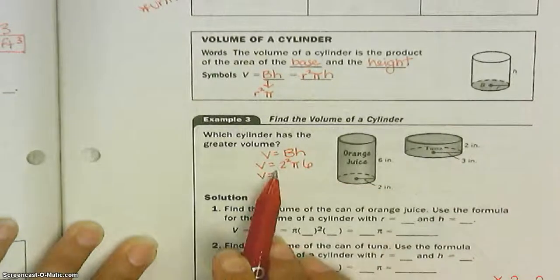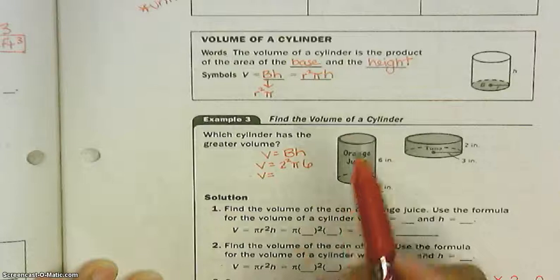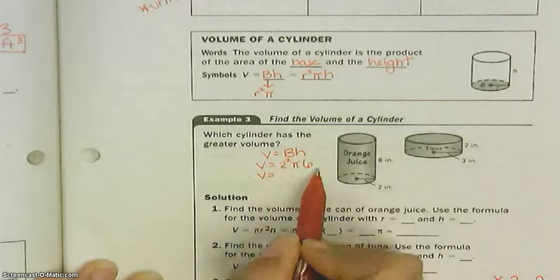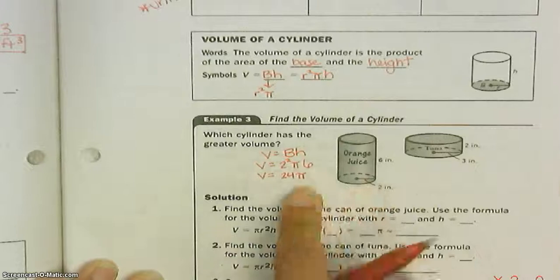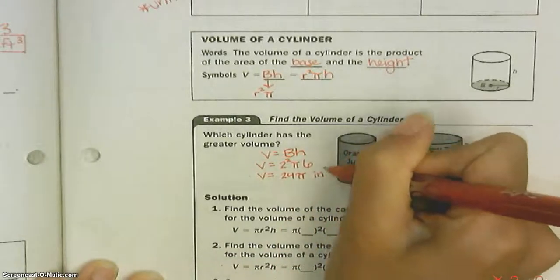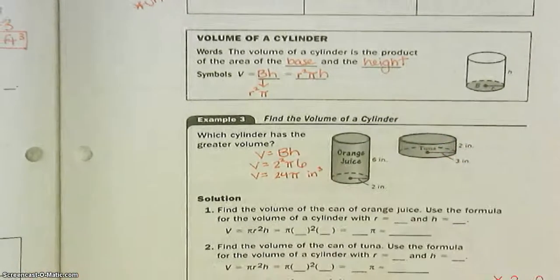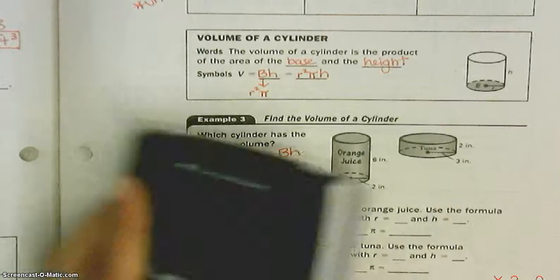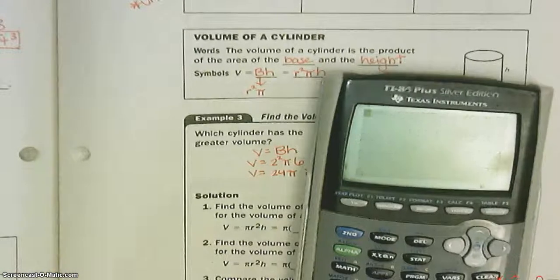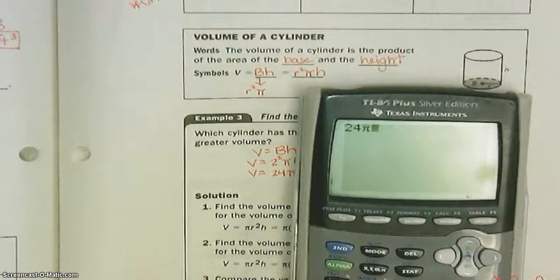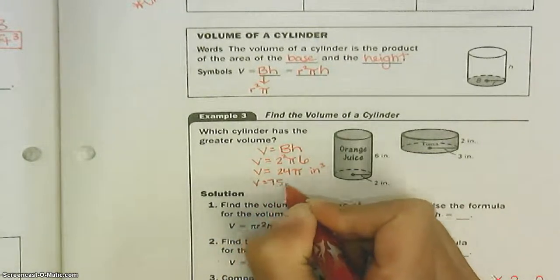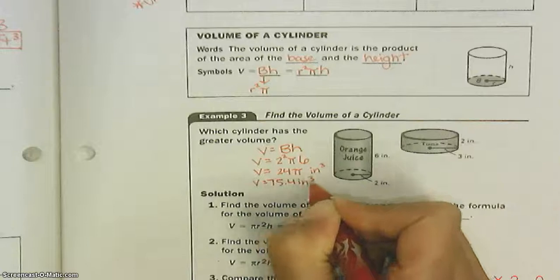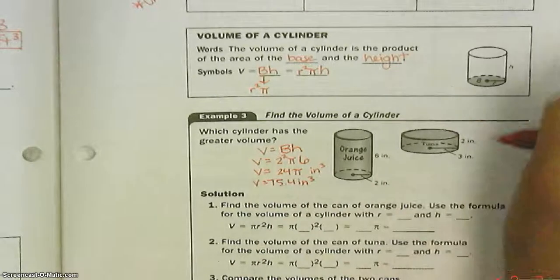You can put this all in your calculator now, or you can do it in your head. 2 squared is 4. 4 times 6 is 24. 24 pi. You can leave it like this if you want, or you can put it all in your calculator. 24 pi is 75.4 inches cubed.